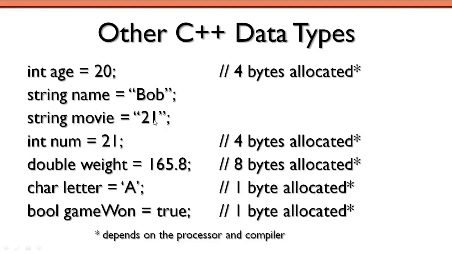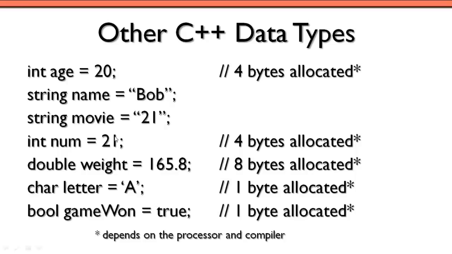Just to contrast that, we see here in the next example where we have another int data type being declared. This time we're using the variable name num, and we're taking 21 and storing it into that particular memory location designated by the name num. So this guy and this guy are two very different animals out there in memory, in terms of the amount of space that's actually going to be allocated, and also in terms of the actual operations that we can perform.